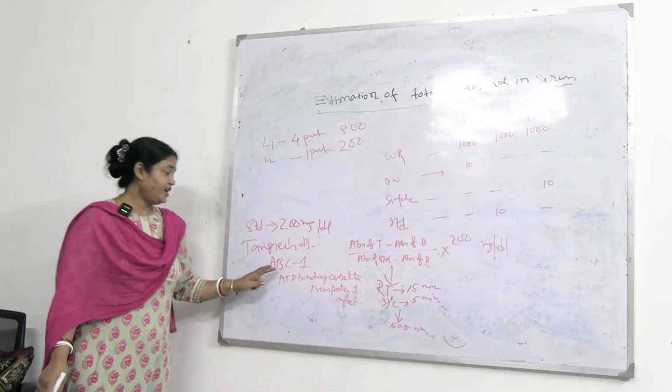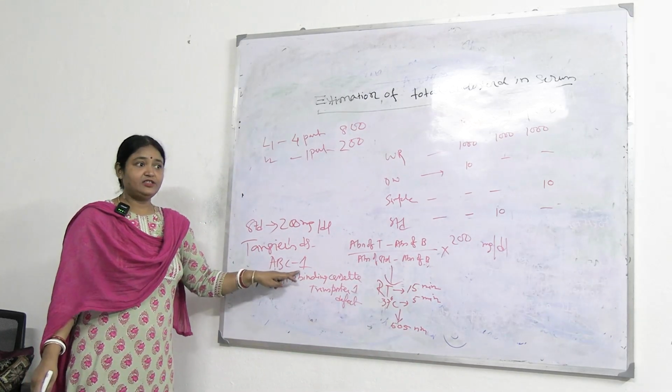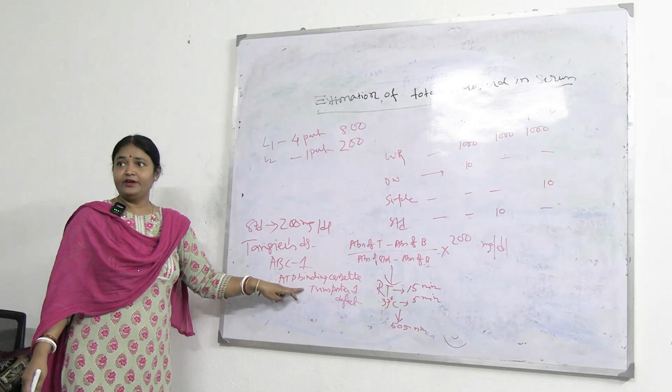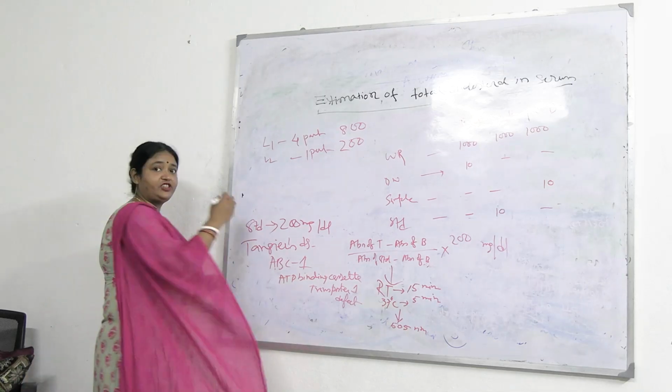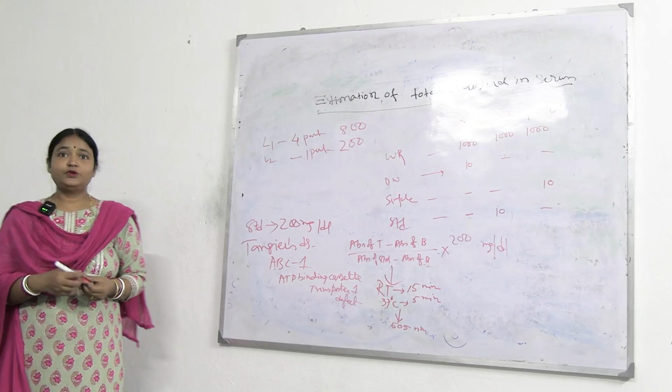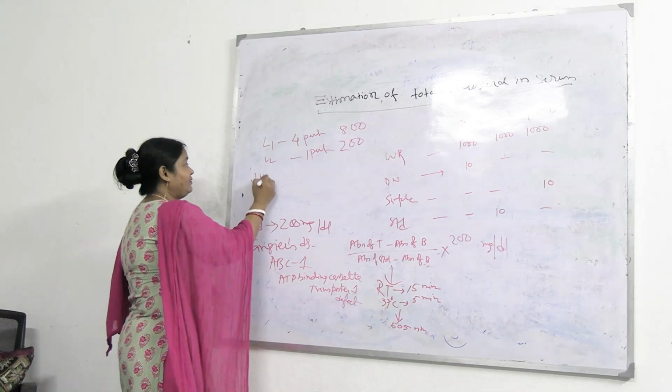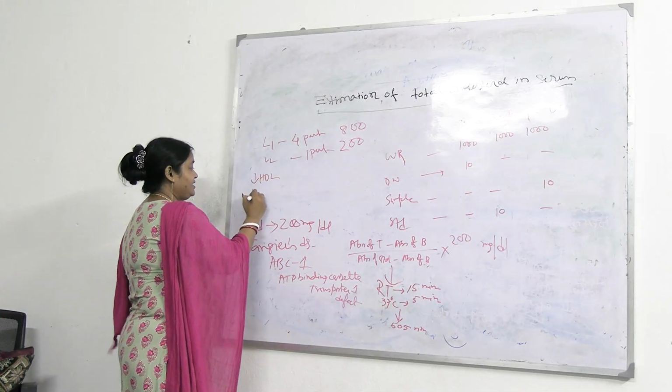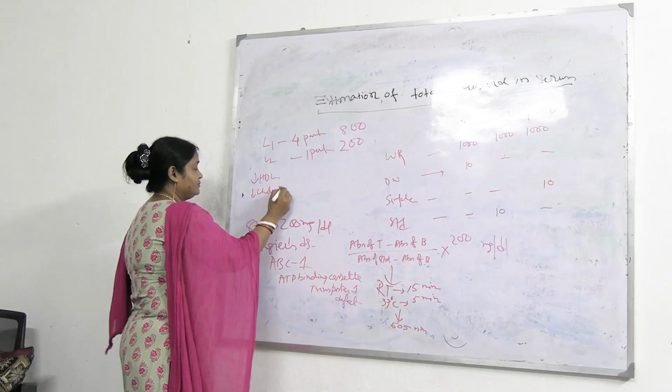There will be an ATP binding cassette transporter 1 defect. Due to this, cholesterol from the cell to HDL will not move. So there is a decreased level of HDL as well as a decreased level of cholesterol.